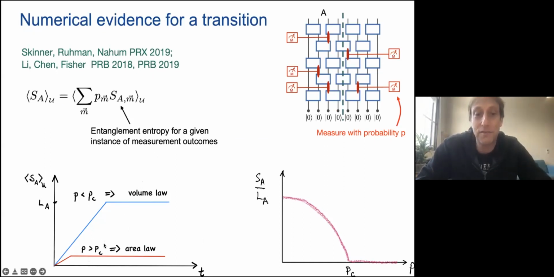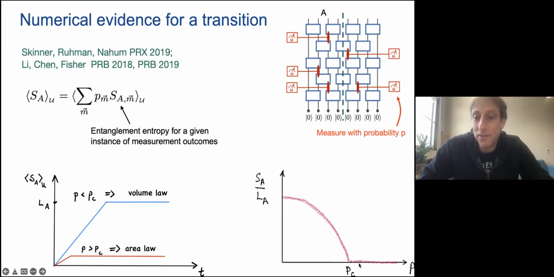And as a function of this measurement probability, I have a phase transition where for sufficiently infrequent measurements, my entanglement is still volume law. So it saturates to a volume law after a time of order the length of the subsystem and stays volume law.